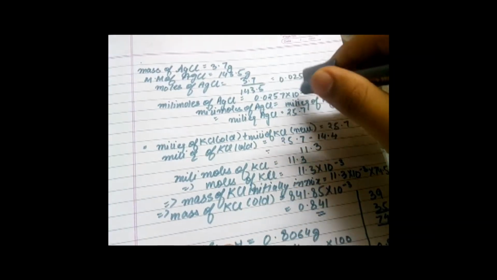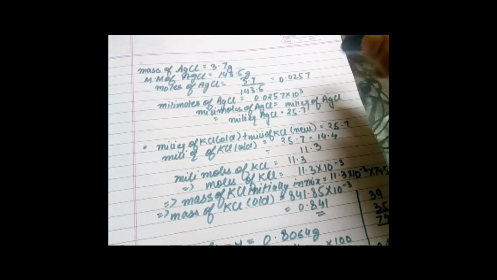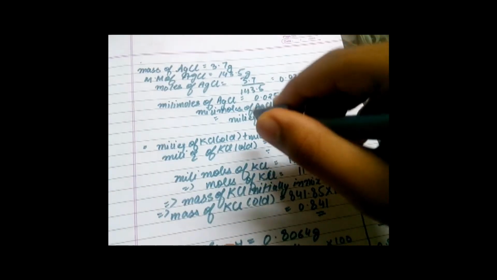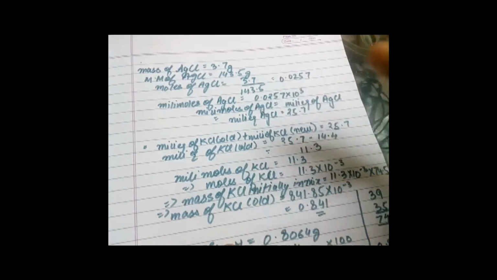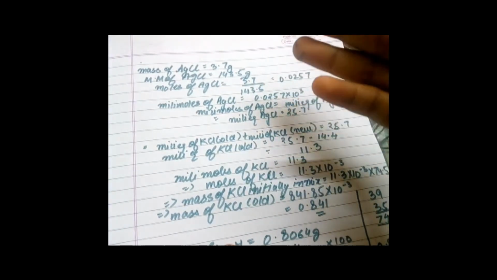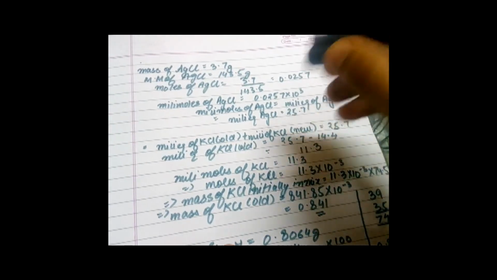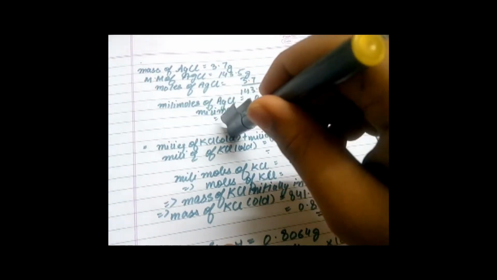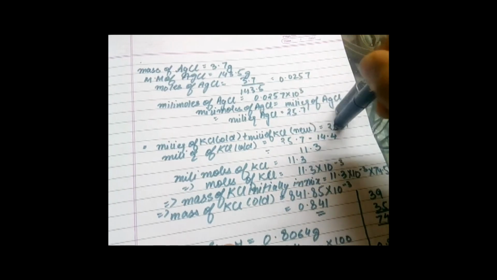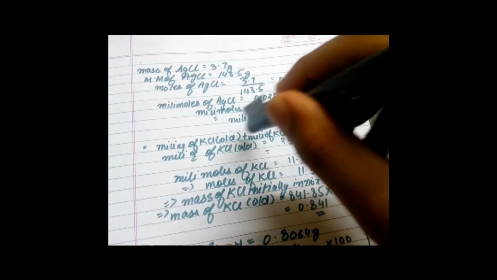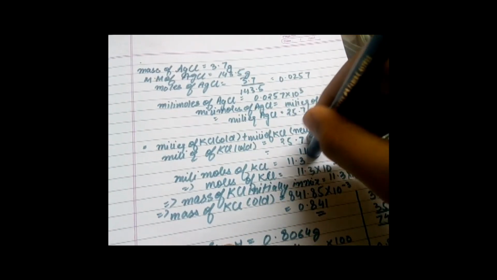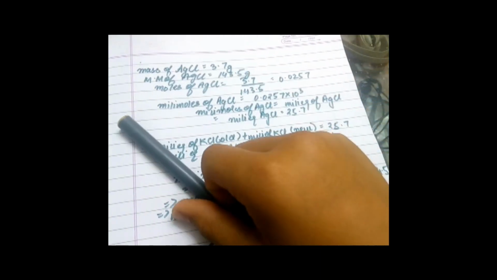So the milliequivalent of AgCl we found out from here is 25.7, and as we know that the KCl formed in this reaction will be both from the old one and from the new one, which is formed by the reaction between KOH and HCl, we can write milliequivalent of KCl old plus milliequivalent of KCl new is equal to 25.7. We subtracted it, we found out the milliequivalent of 11.3, and after that it is the same repeated process.